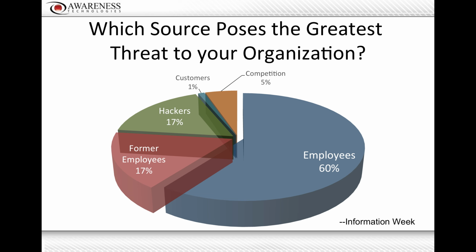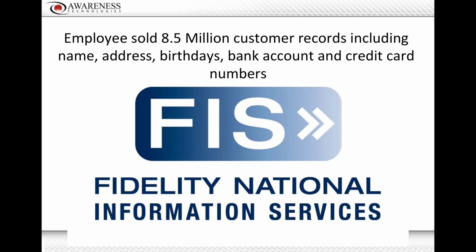And then there's your customers who can often leak stuff by accident, but it's a very small component. And then finally, competition. And I guess that would be more like insider espionage, which I think probably most of us don't necessarily need to worry about, but it is a concern.